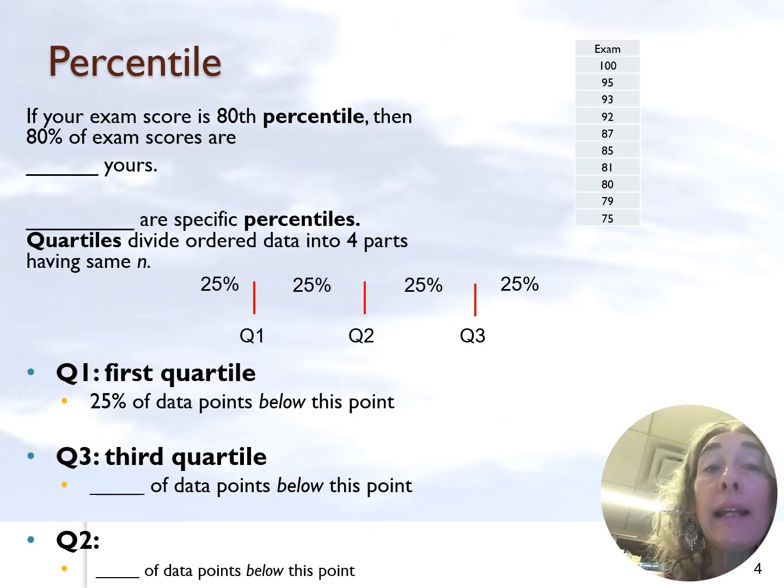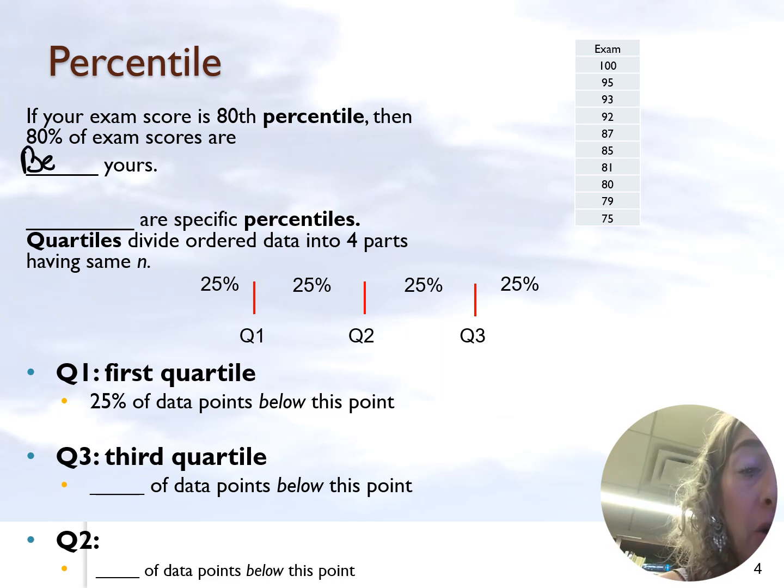Okay, on to the related, very important concept of percentiles, or a percentile. If I tell you your exam score is at the 80th percentile, then what that should tell you is that 80% of the exam scores are below yours.